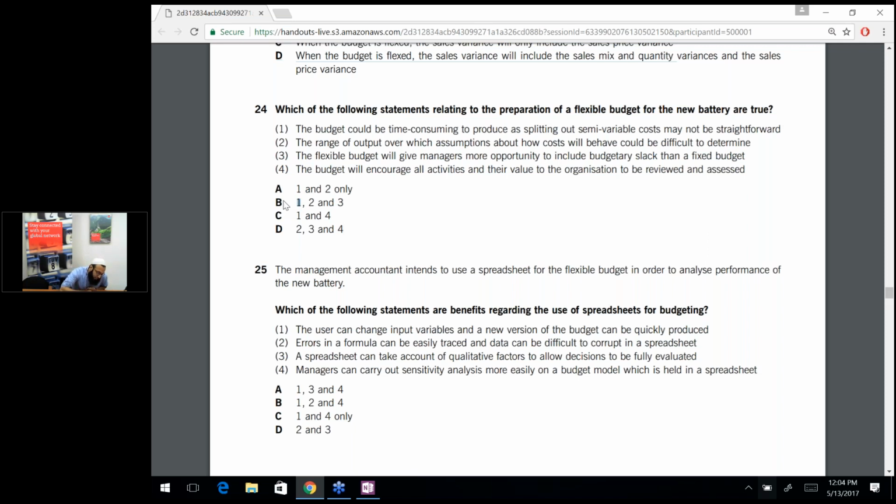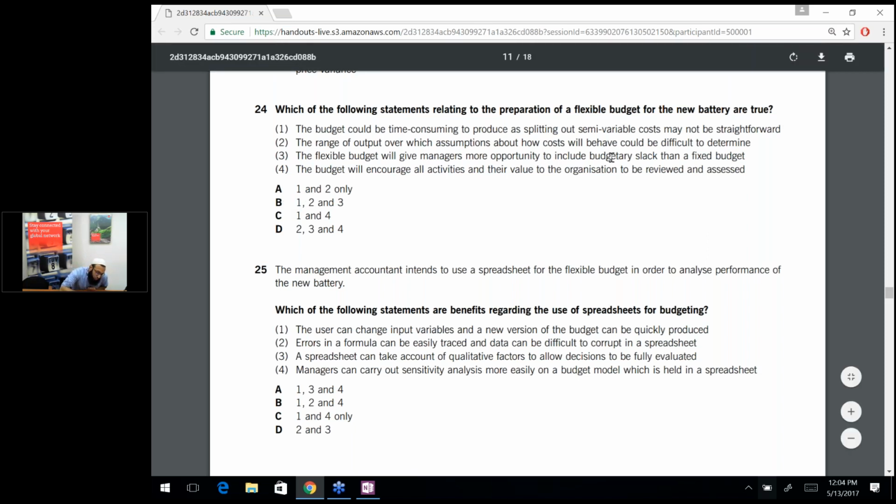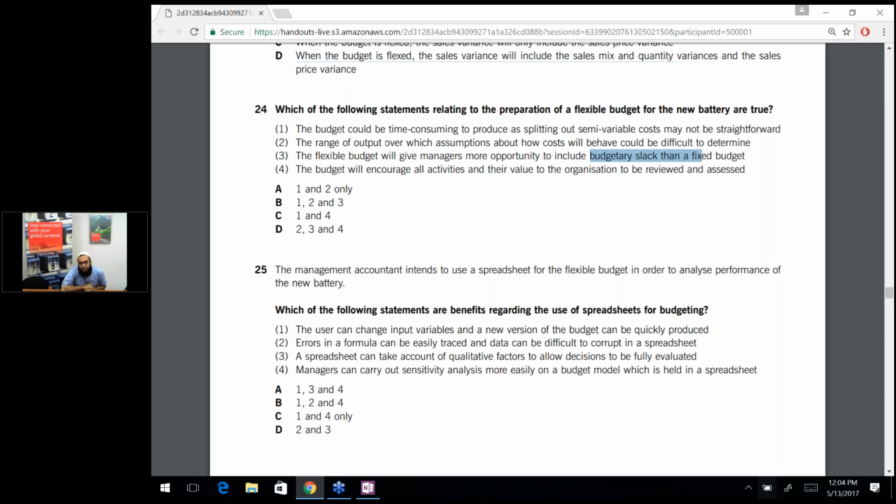Third, the flexible budget will give managers more opportunity to include budgetary slack than a fixed budget. This is a wrong statement, because a flexible budget removes slack. Slack is making easy targets for yourself. A flexible budget removes this opportunity because you make the budget using actual results.